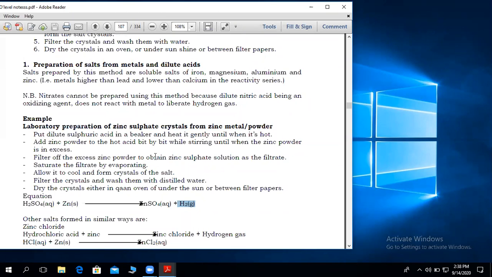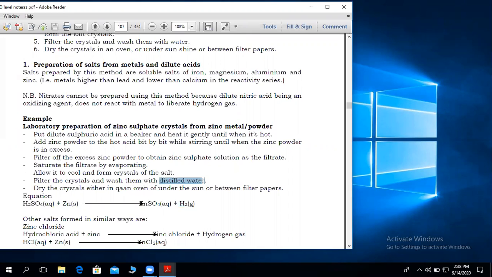Then filter off the excess zinc using a filter paper to obtain zinc sulfate solution as the filtrate. Then saturate the filtrate by evaporating off the water. To saturate means to make it concentrated by evaporating. Then allow it to cool and form crystals of the salt. Filter the crystals and wash them with distilled water.